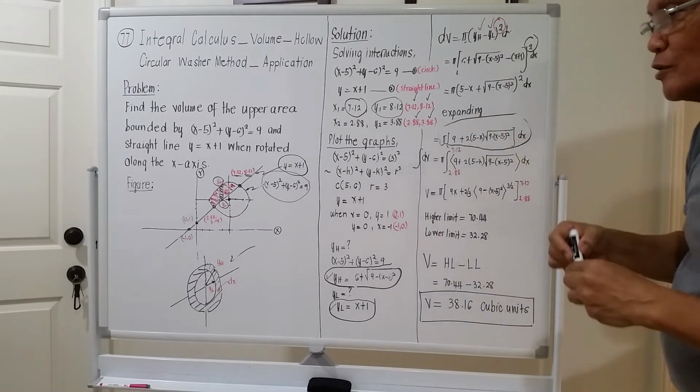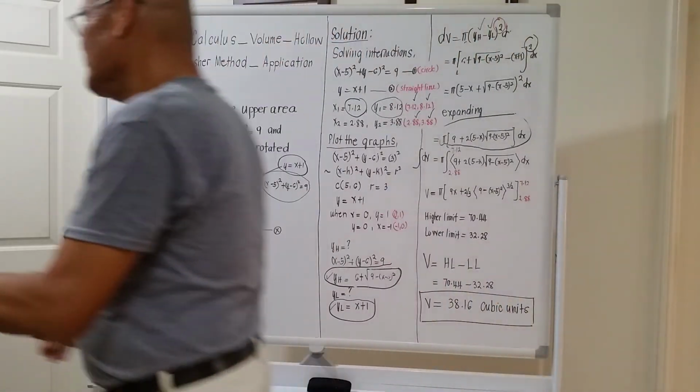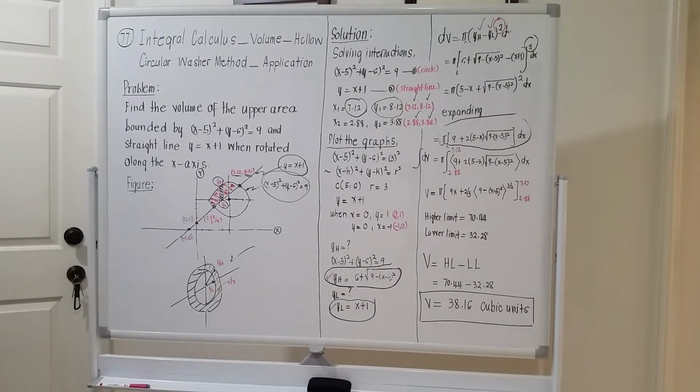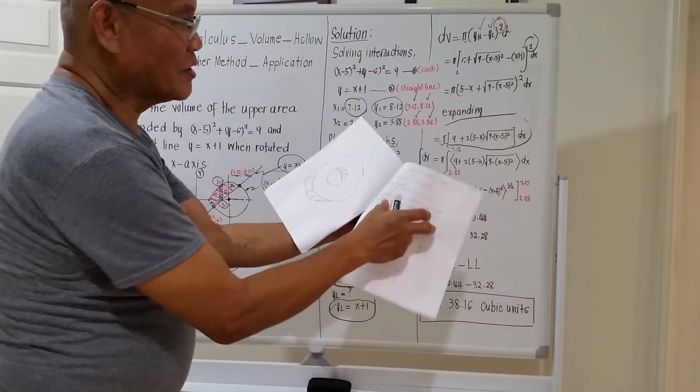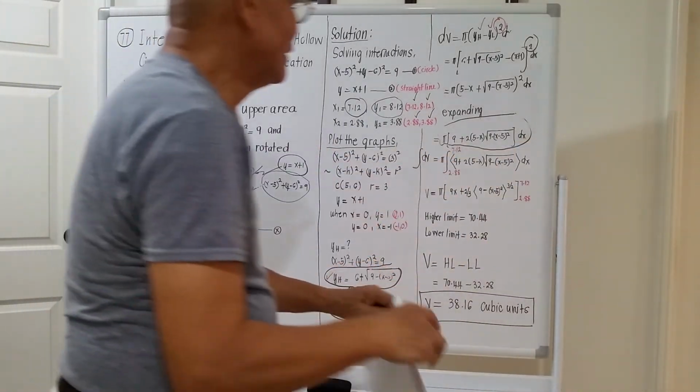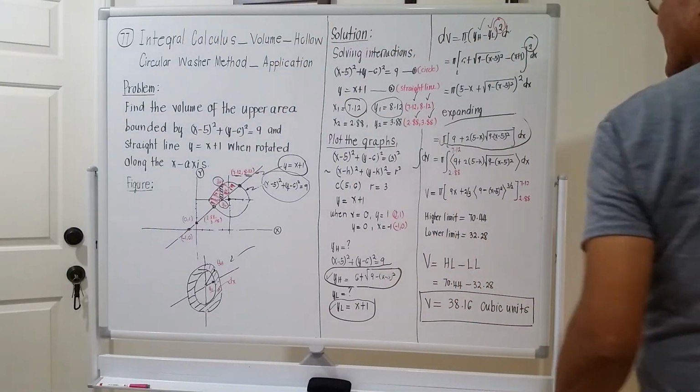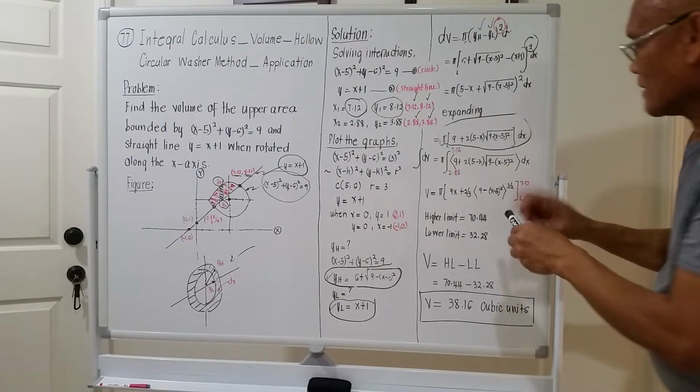This is correct because I used the longhand method in solving this. If I place all of it, the board will not be enough. Therefore, this is the differential volume, guys.